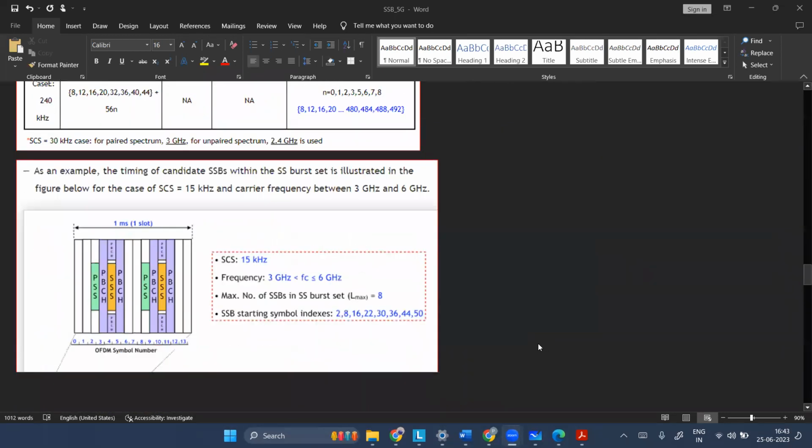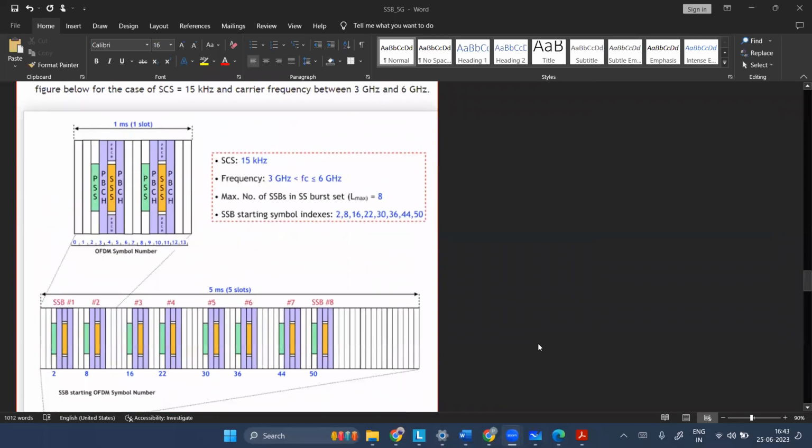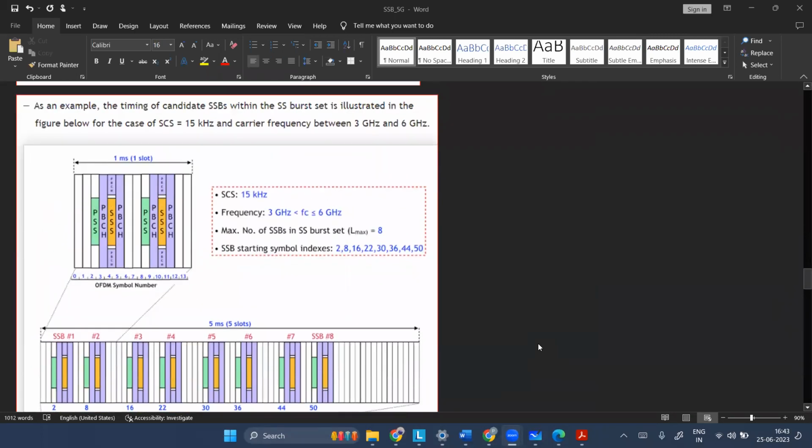So going forward, now we are taking an example, the timing of candidate SSBs within the SS burst. So let's say this case is for 15 kilohertz. 15 kilohertz means in a 10 millisecond frame you have 10 subframes, and each subframe is having 1 slot.